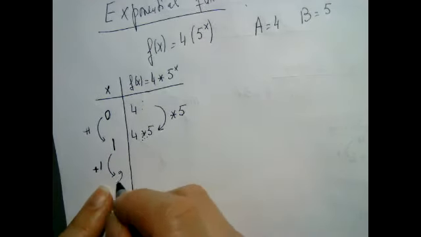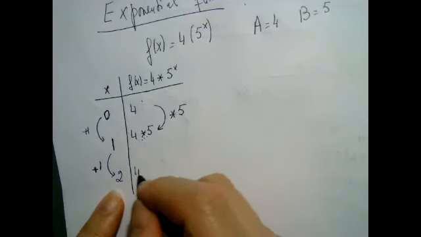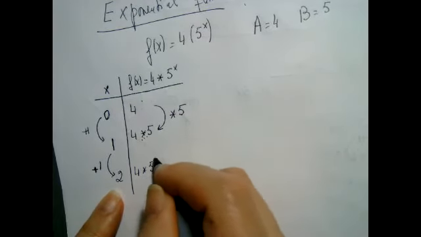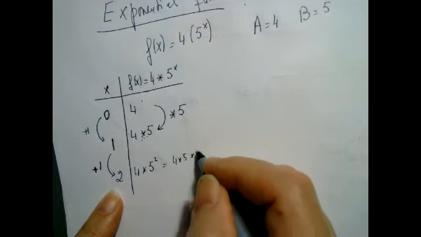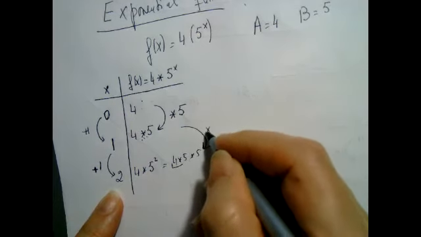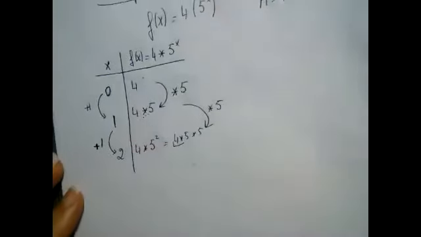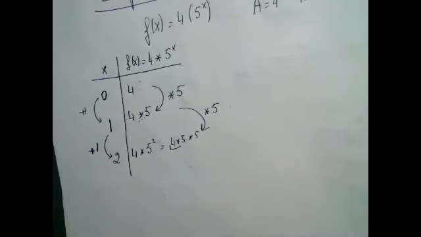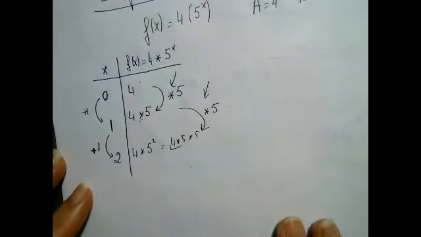Now we add one more. If x is 2, it's 4 times 5 squared, meaning 4 times 5 times another 5. So from here to here, again, we multiplied by 5. And I can keep going. In the linear, we're adding 5 each time. In the exponential, we're multiplying by 5.